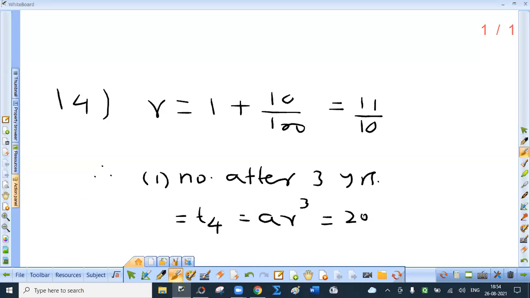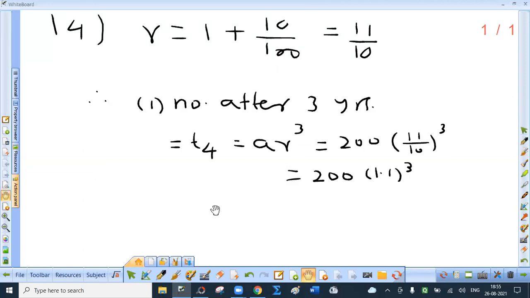Now a is 200. So 11 upon 10 cube. You need not simplify this. Just say 200 into 1.1 cube. Now use common sense.